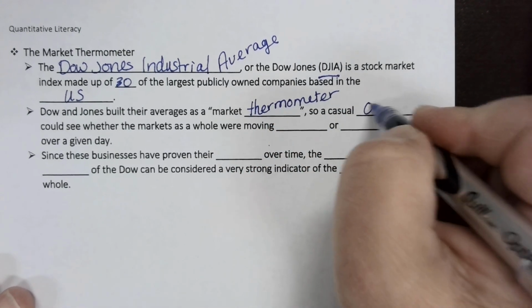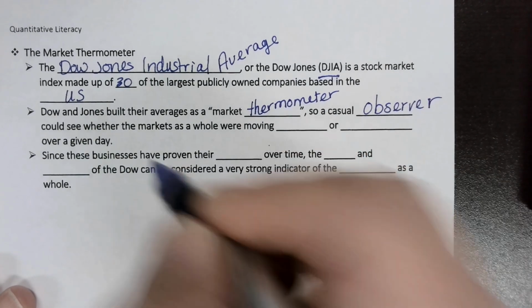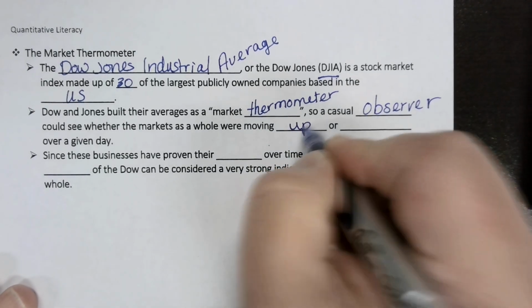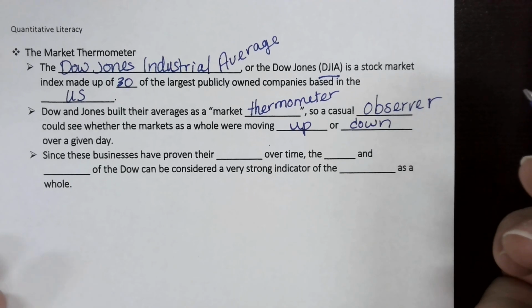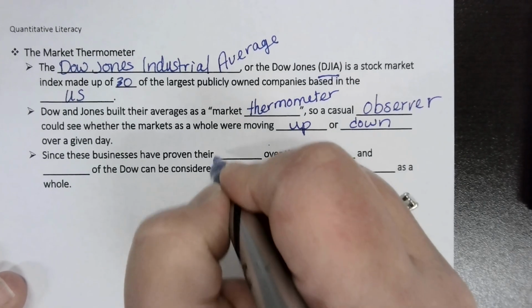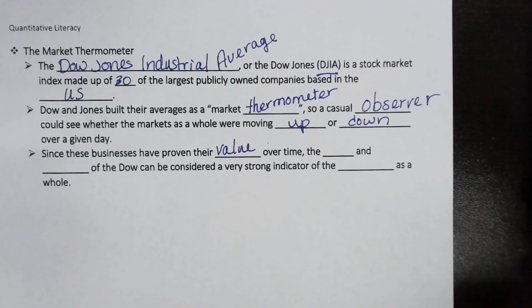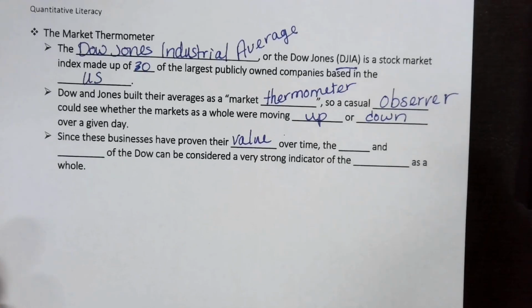So a casual observer of the stock market could see whether the market as a whole were moving up or down. Since these businesses have proven their value over time, they're watching just 30 of the businesses, some of the biggest businesses in the United States.